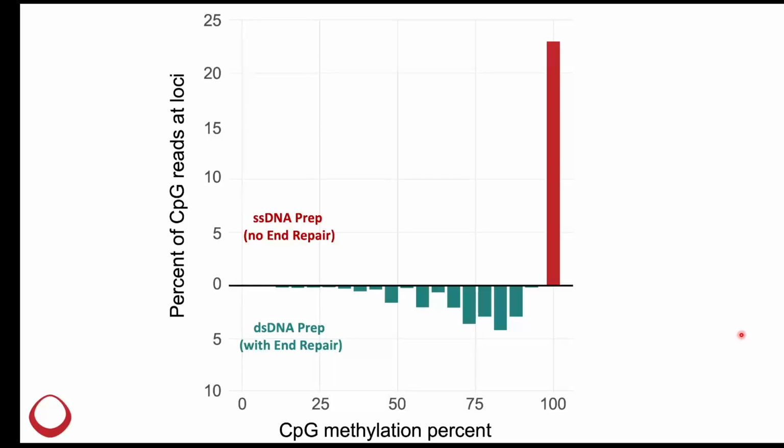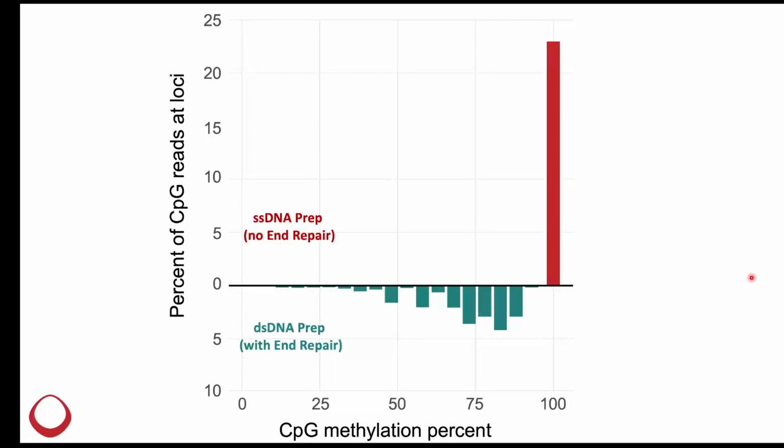So this figure here shows the difference in density between cell-free DNA libraries prepared with single-stranded library prep that doesn't have end repair and a double-stranded library prep that does have end repair.